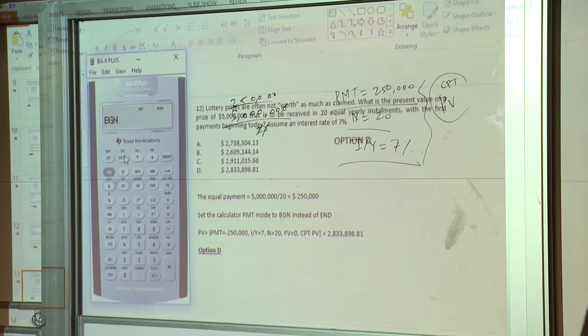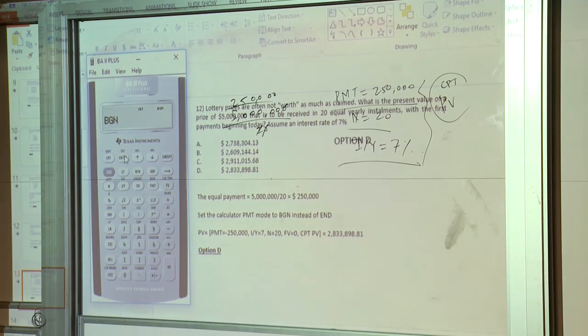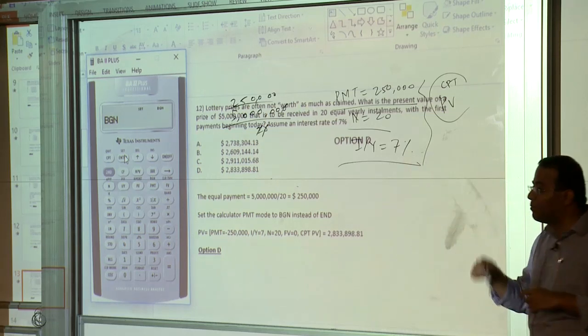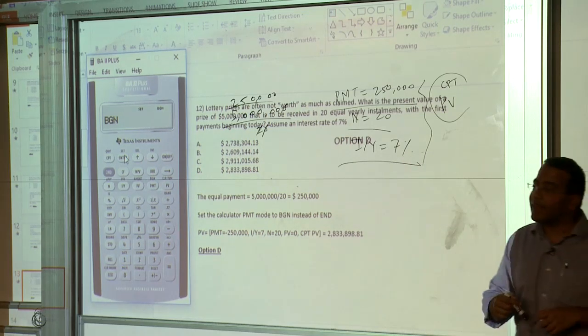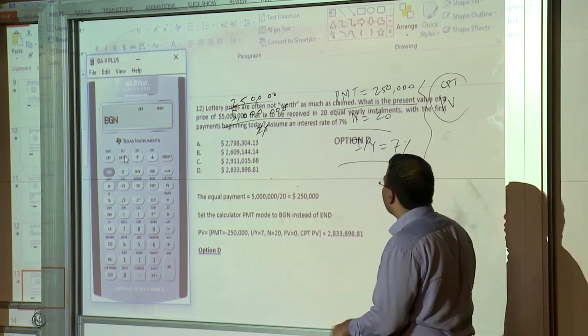What this means is your calculator now understands that all the payments you're going to enter are happening at the beginning of the period rather than at the end of the period. So you don't have to do anything more. You've told the calculator already that that's what's going to happen. So that sets the calculator in the begin mode.